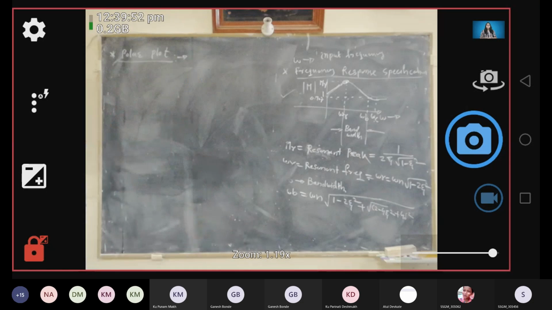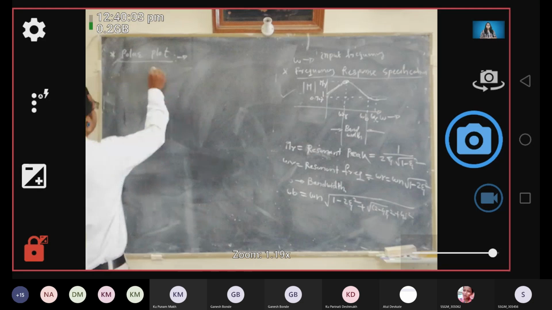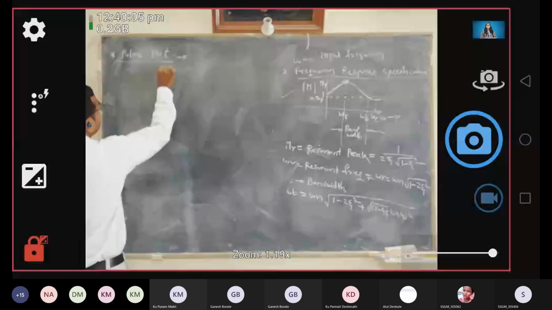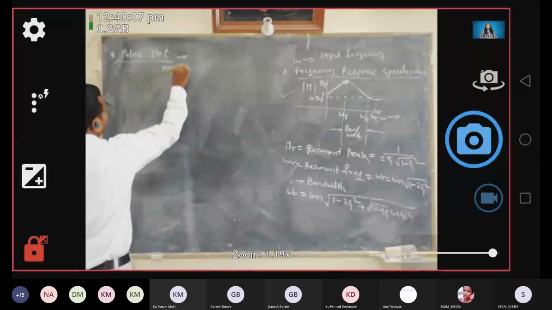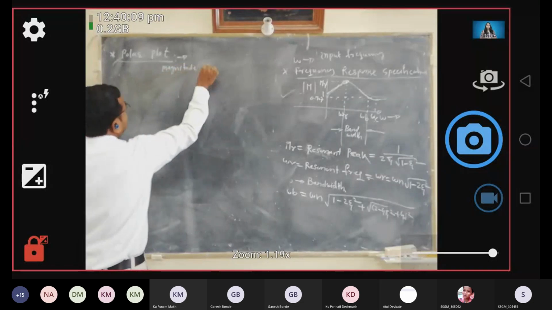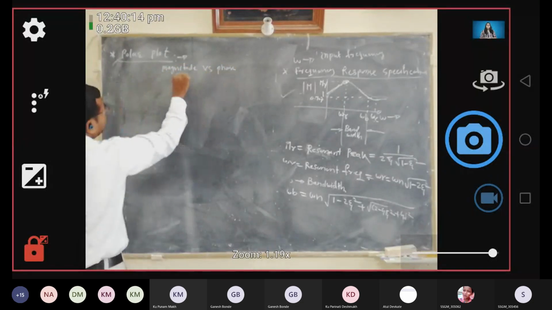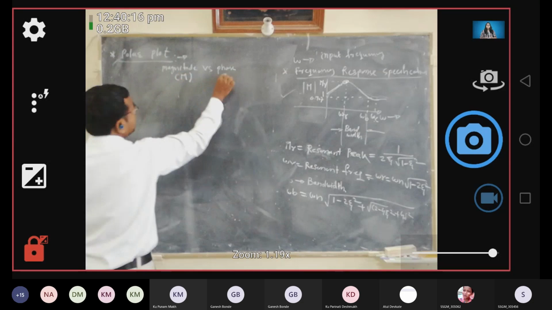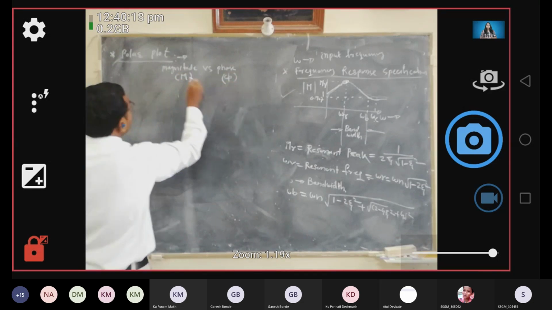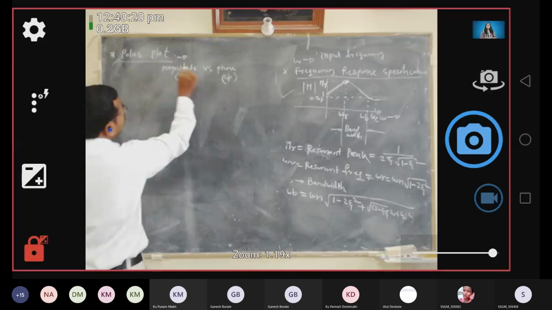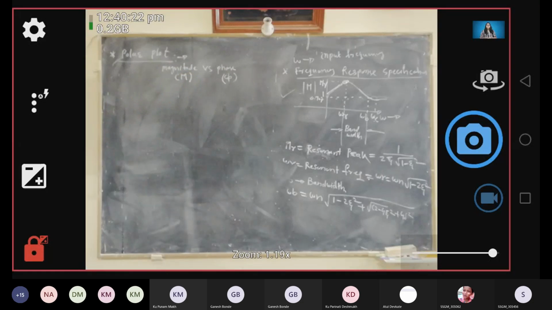So what do we mean by polar plot? Polar plot is again a graph of magnitude versus phase. Magnitude is given by capital M and phase is given by phi. So polar plot is the graph between magnitude M versus phase phi.